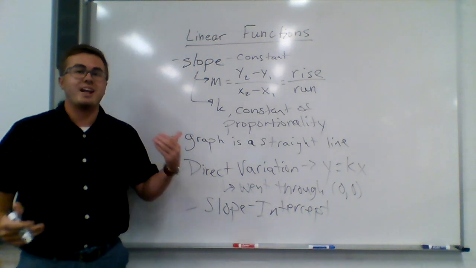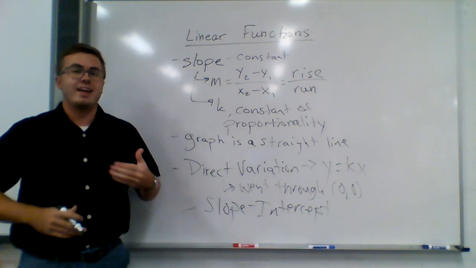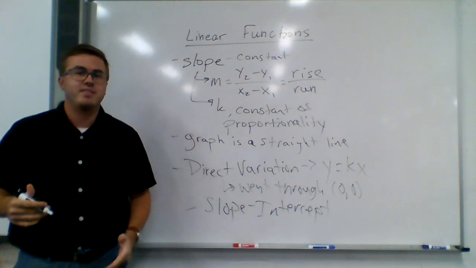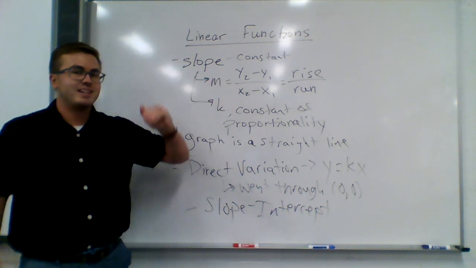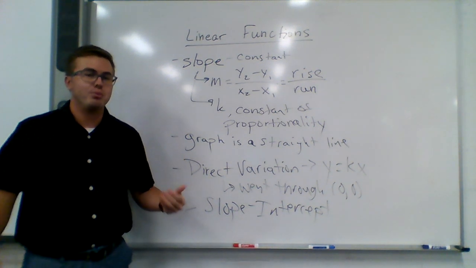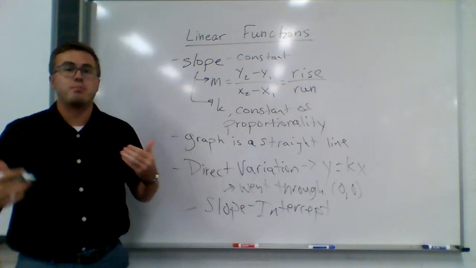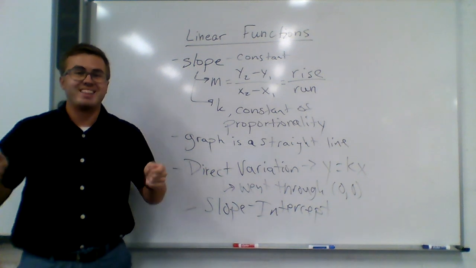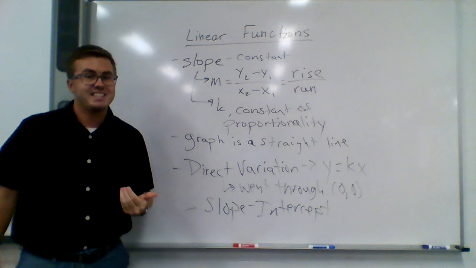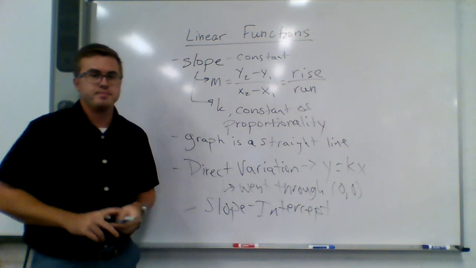It has a slope, it has a constant slope. That doesn't mean that it's constant, meaning it's horizontal or vertical at the same time. That just means that it changes by the same amount each and every time. So if we looked at a table, we would be able to find that proportionality. We'd be able to find that change in y over the change in x to be the same every single time.